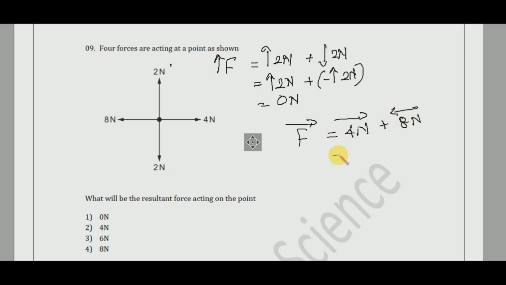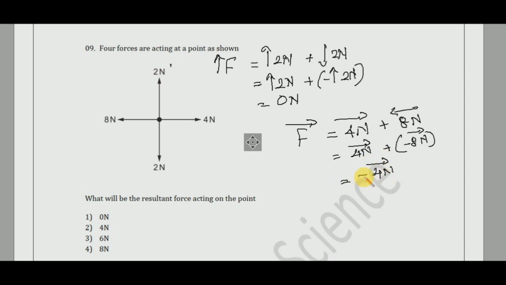Here I choose this direction as the positive direction, so this one is in the opposite direction and you are going to change the sign. 4 Newton to this direction plus minus 8 Newtons to this direction, because when the direction changes it becomes negative. So minus 8 plus 4, answer minus 4 Newton to this direction.